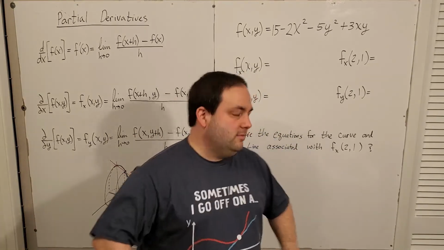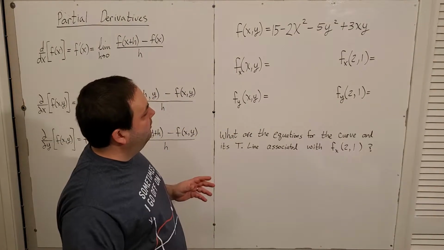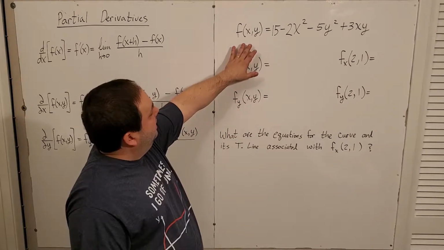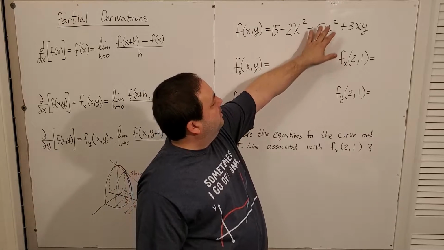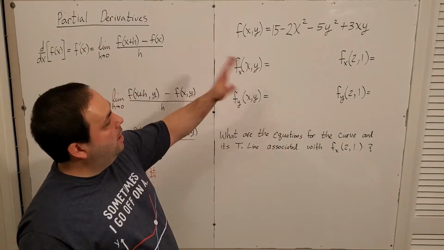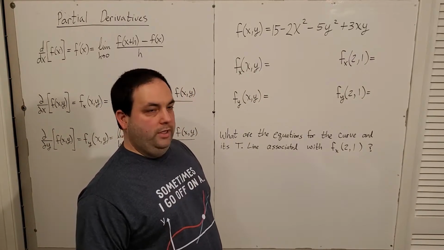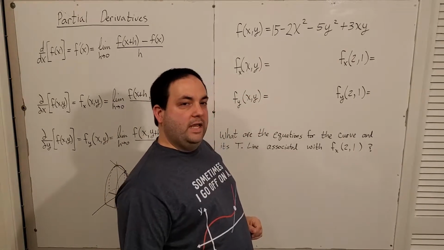So let's get an actual example here, and then also I'll draw it in GeoGebra for you right after. Notice here I have the function f of x, y equals 15 minus 2x squared minus 5y squared plus 3xy. And I know you recognize everything up to that last term. It's still an elliptical paraboloid, right? The elliptical part comes from the double squares both being negative.